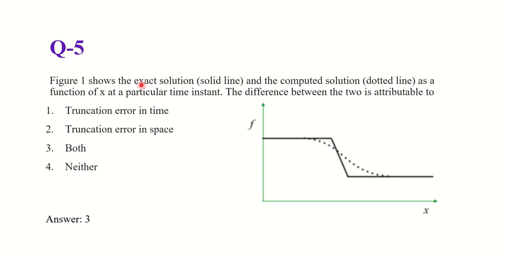So there is obviously a difference between the exact solution and the computed solution. The difference between the two is because of truncation error in space or truncation error in time, or both, or neither.